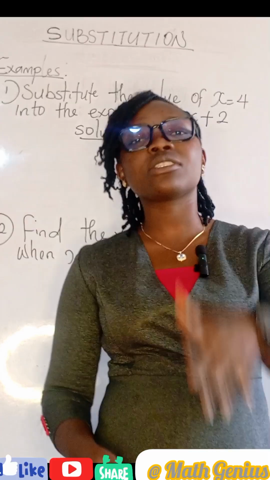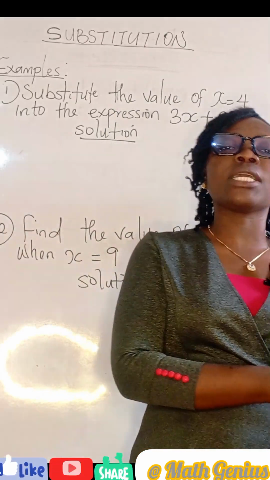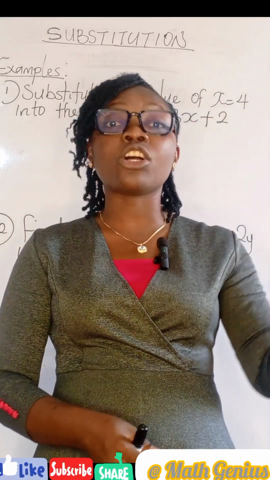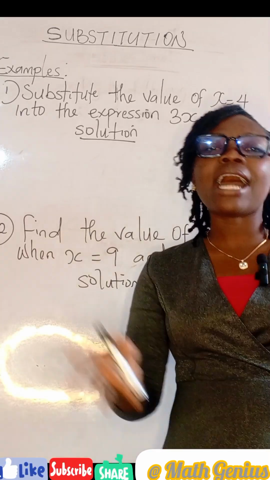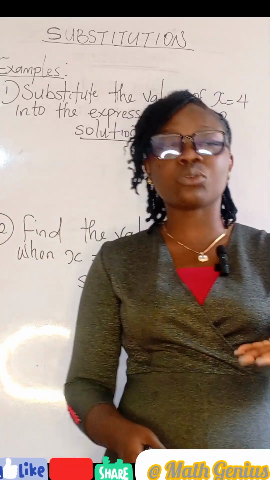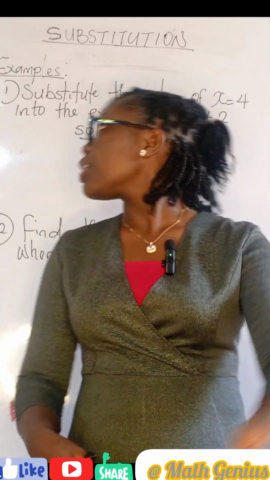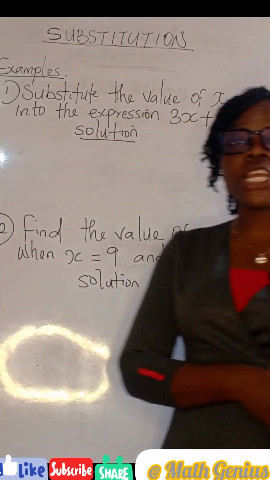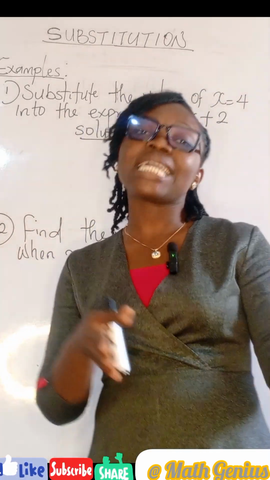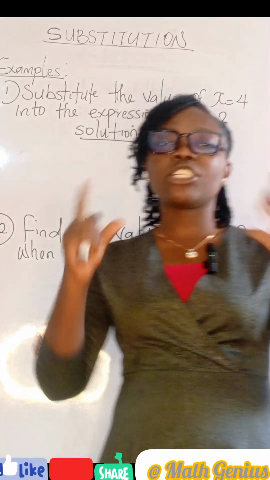Go check that video, see the difference between algebraic expressions and algebraic equations, and then you will know what variables actually are. But however, just so we continue this class, variables are numbers that change, and they are always indicated by letters or by shapes.